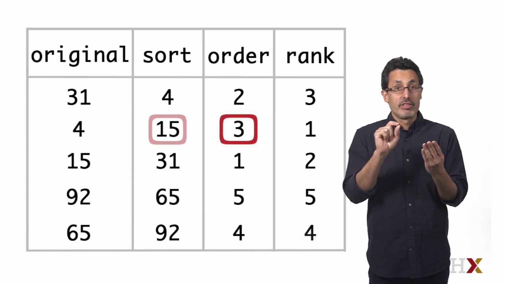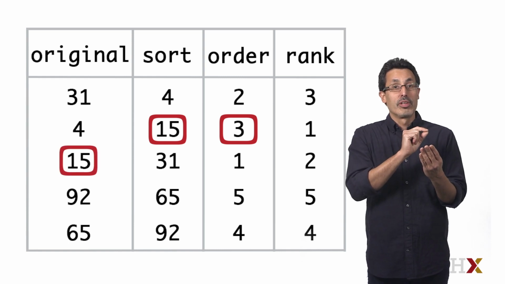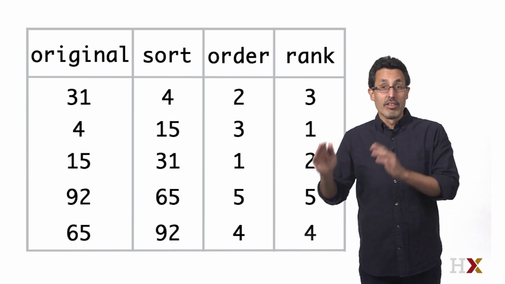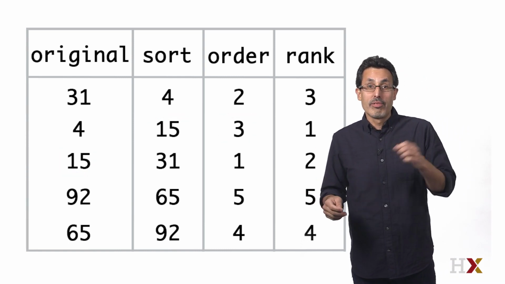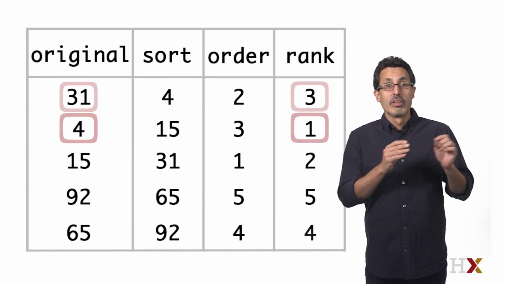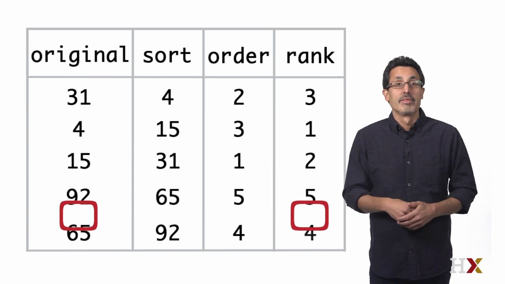Why? Because to get a 15, the second smallest, we need to go to the third entry of the original, etc. Now the final column, rank, gives us the ranks of the original vector. 31 is the third smallest, 4 is the smallest, 15 is the second smallest, etc. All right, now that we have learned about sorting in R, we have some useful tools to answer questions about the data at hand.